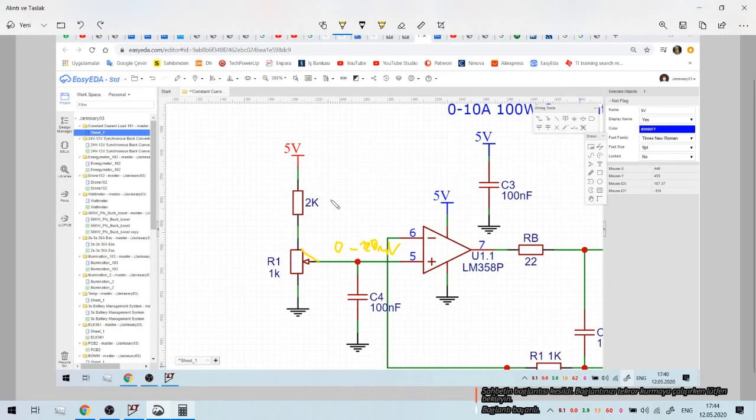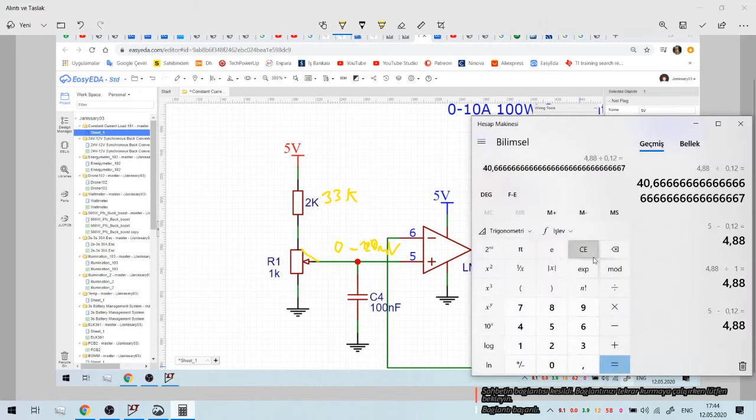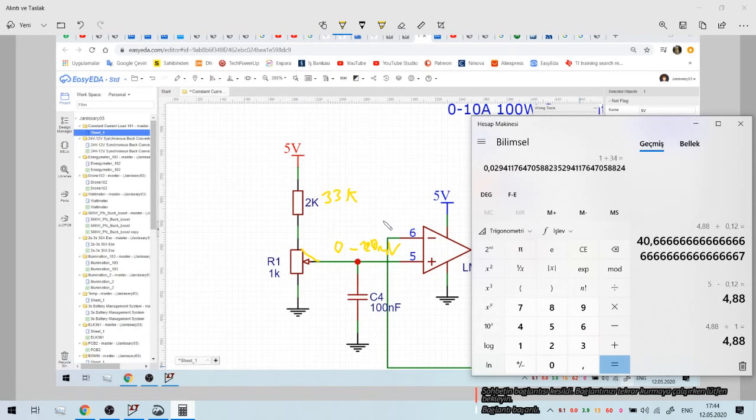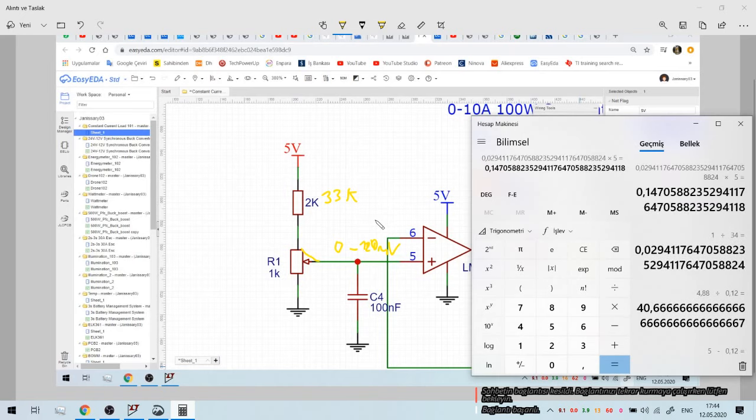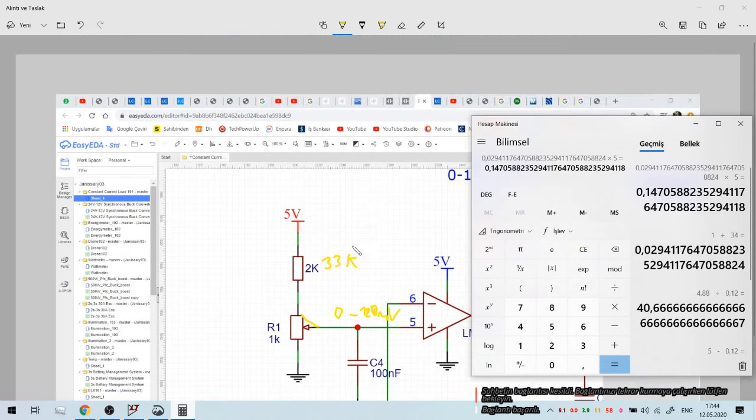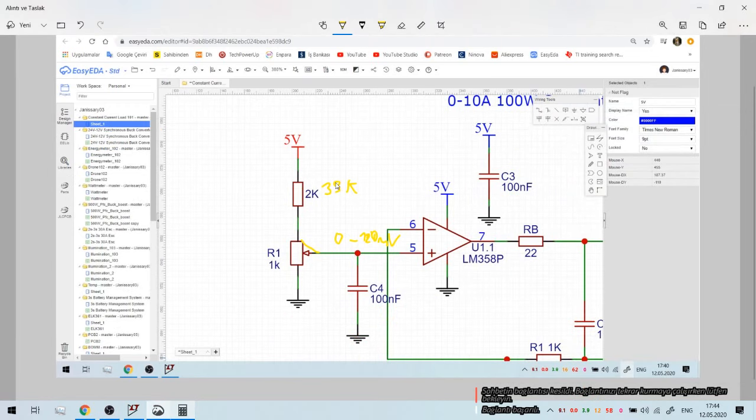I cannot say, not a common resistor resistance. So I will take 33K here. As you can see, if I calculate again, 1 divided by 34 times 5-volt gives us, sorry, no, 39 volts.